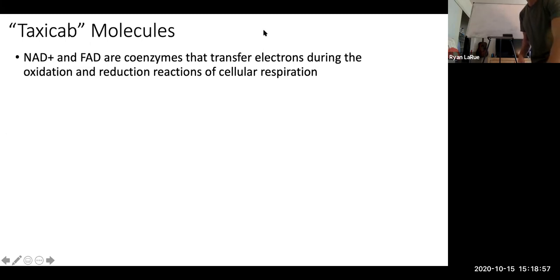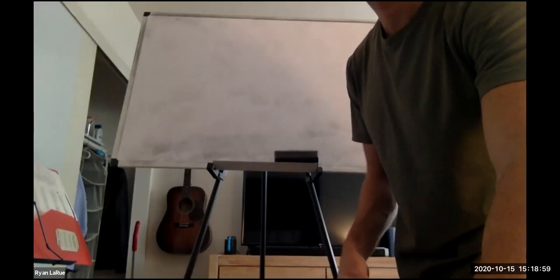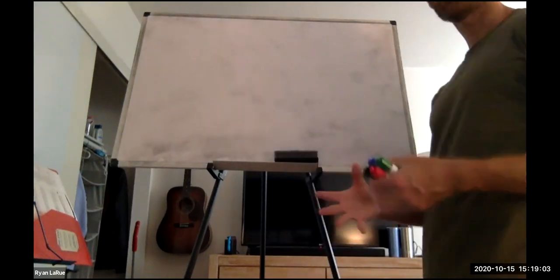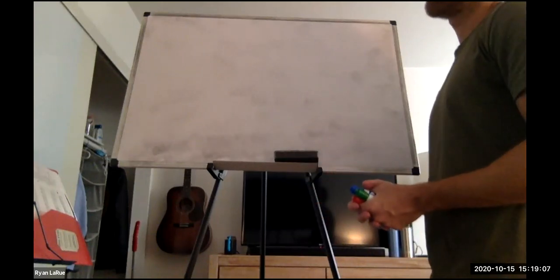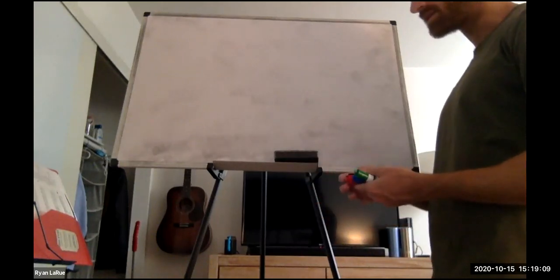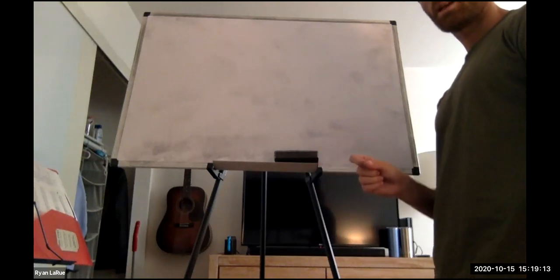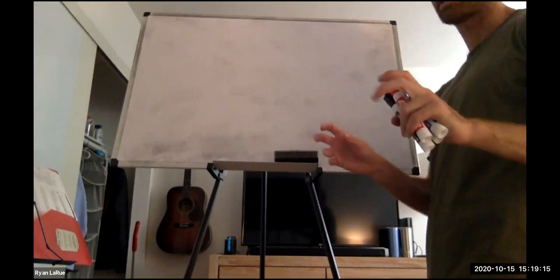Now, okay, before we really see the details, I want to show you what I mean by it being a taxi cab type molecule, but they hold electrons, and the electrons would be our passengers in this analogy.